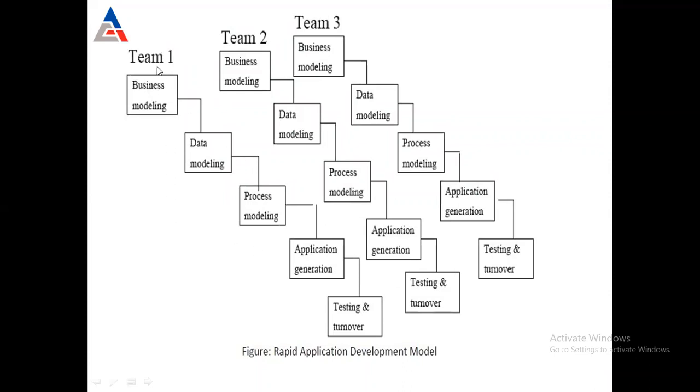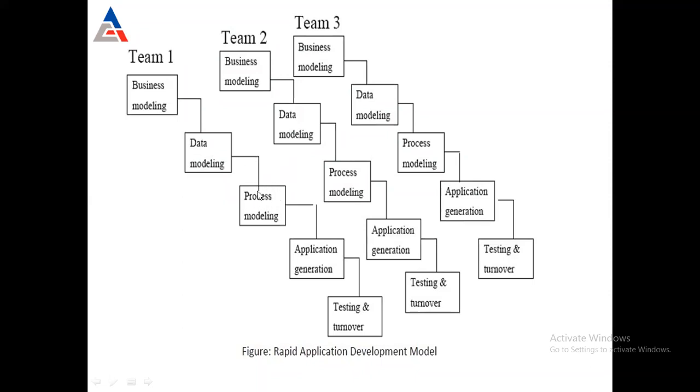So in this model, in each and every phase, business modeling, data modeling, process modeling, application generation and testing, the customer as well as the software developer are involved in the development of each and every phase. So in business modeling, the customer is there as well as software developer is there. In data modeling, customer is there, and software developer is there.